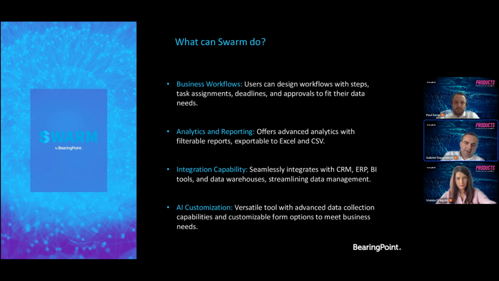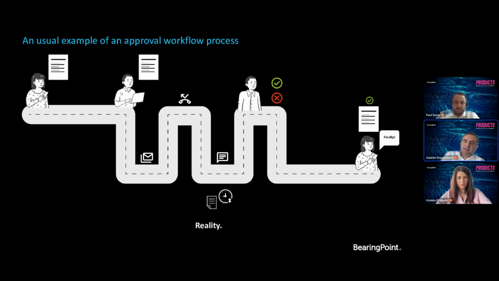So with that, moving on, I think it's important to give you a usual example of an approval flow. In most companies, when you have a business workflow, somebody would trigger it. You start the workflow, then somebody would contribute much more information.